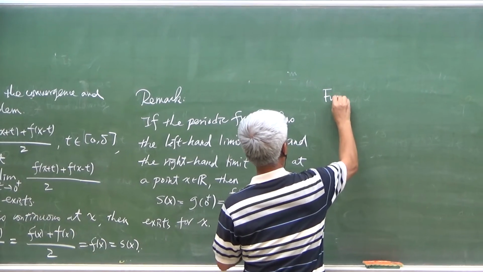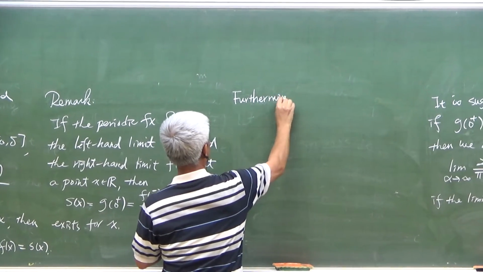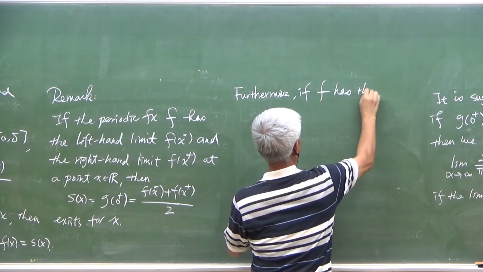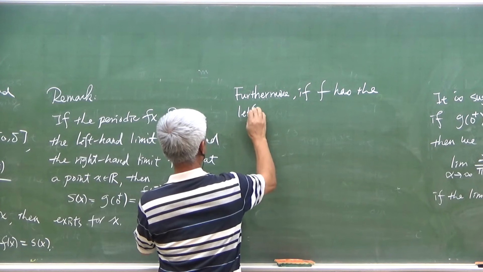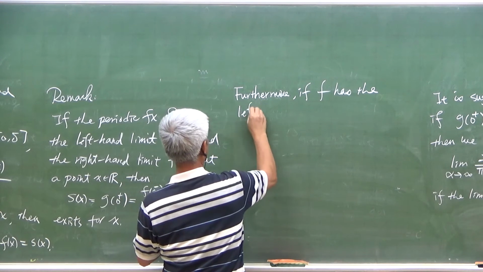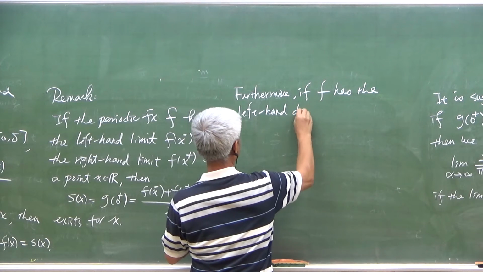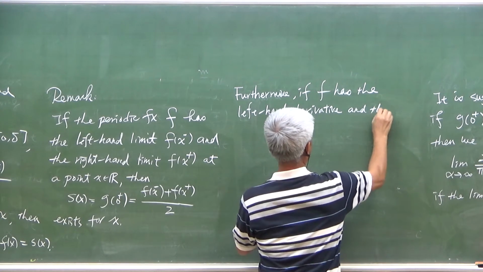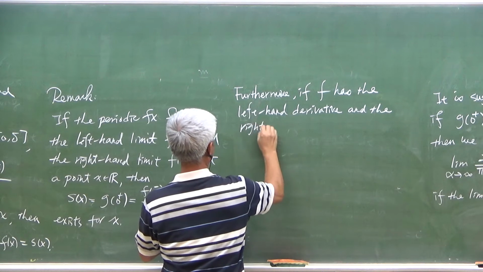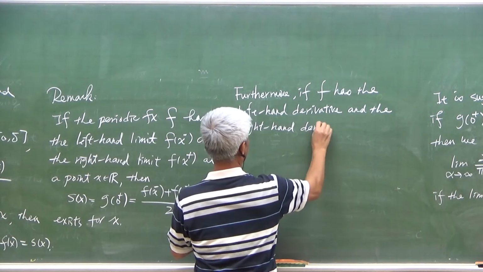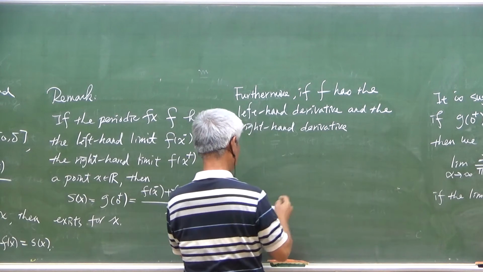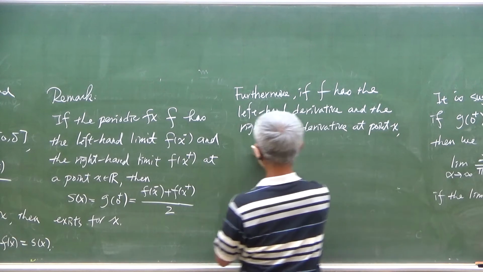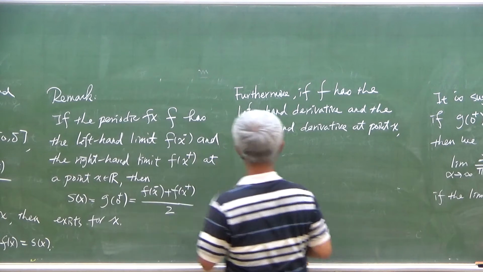furthermore, if f has the left-hand derivative and the right-hand derivative at point x, i.e., so what do we mean?